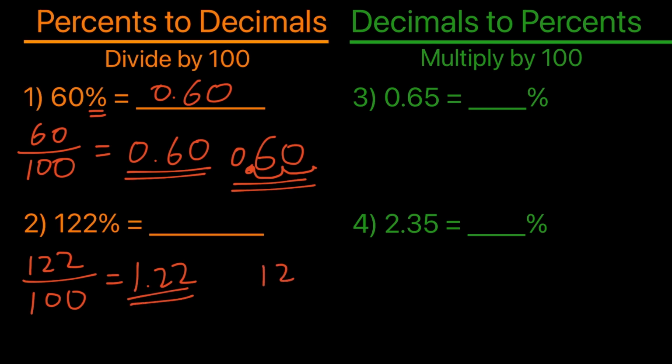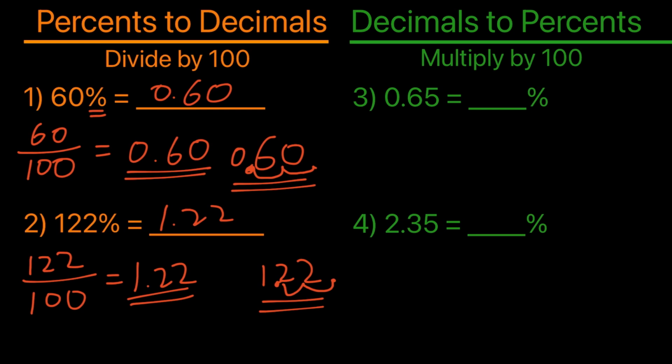And if you try it by moving the decimal space 2 spaces to the left, you will have 1.22. So either way, you will have the same answer. Now for the second section, we're converting decimals to percents. And for these, we have to multiply by 100 to get to the percent.